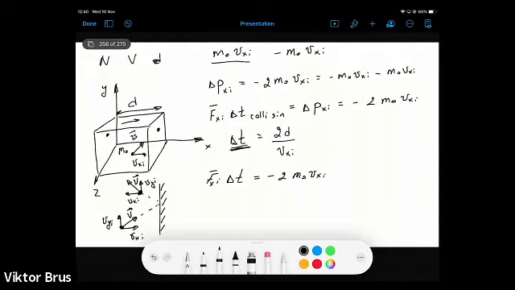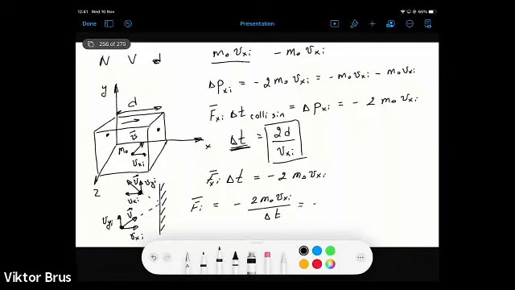So now we can define this average force, let's call it Fi, just without x, and that will be equal to minus 2m naught Vxi divided by delta t. Since delta t is defined, we can substitute the expression for delta t into our equation.